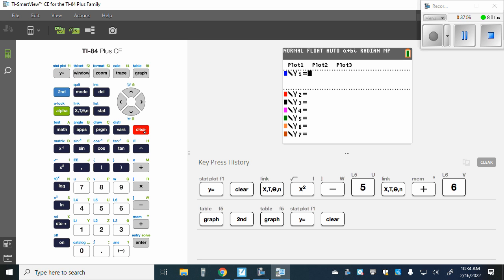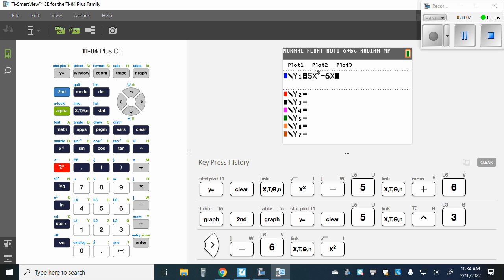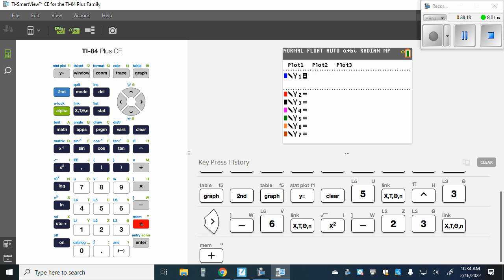I think it's 5x cubed minus 6x squared minus 23x. I want to say minus 27, or is it plus 27? Graph it.